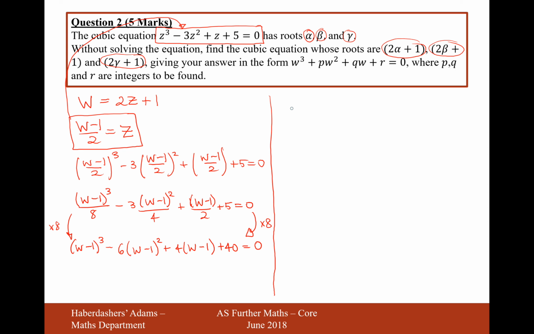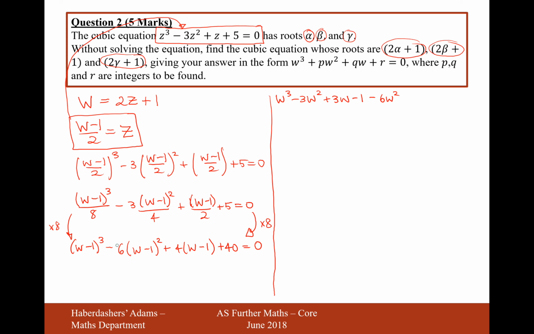So I'm going to use a bit of binomial expansion to expand this cubic quickly. It's going to be w cubed minus 3w squared plus 3w minus 1, and then it's going to be minus 6w squared. Then inside the bracket here, it's going to be plus 2w, but times the minus 6, so that'll make it minus 12w.